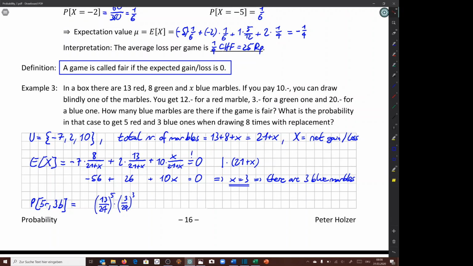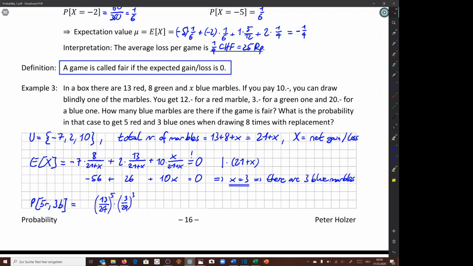However, we're not interested in this outcome only, but in any outcome with 5 red and 3 blue ones. So we could also have first a red, then a blue, then another 4 red, and then 2 blue ones. Well, for this, the probability is the same like this one here. It's just the second outcome. The question is, how many of these outcomes are possible with the same probability?